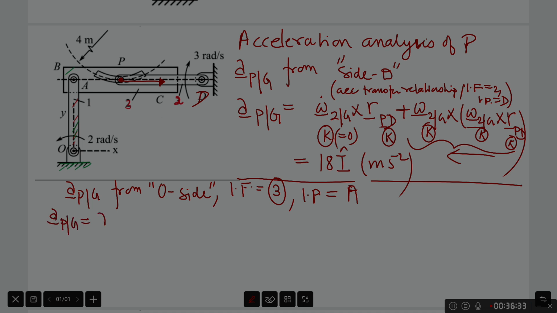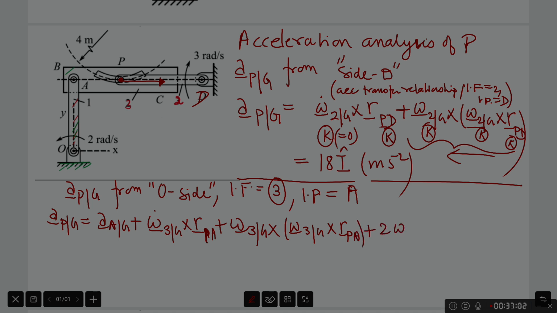Let's see what expression we get. Long expression as usual.